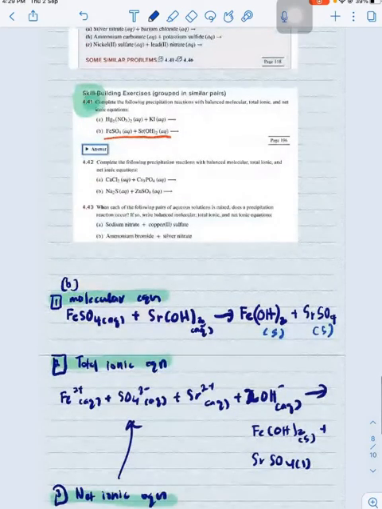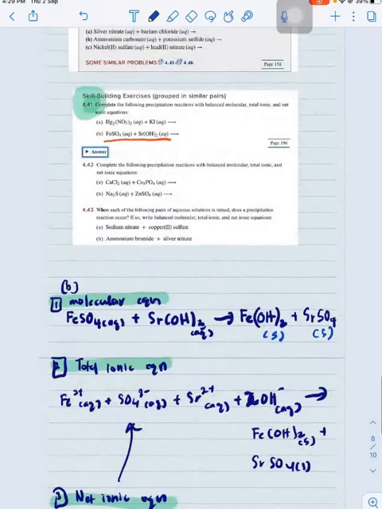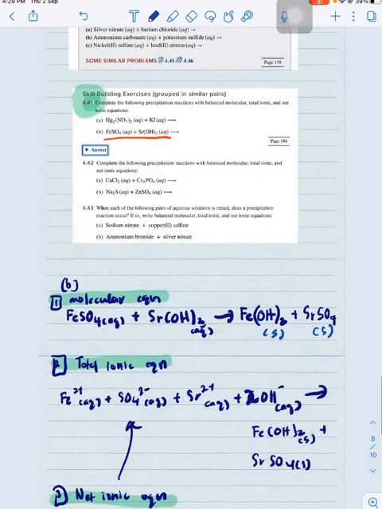Dua-dua insoluble. Menyebabkan bila kita tulis dia punya total ion equation, dia akan pecah on the reactant side, semua akan pecah into ion, Fe2+, SO42-, okay, Sr2+, dan juga 2 mole of OH-. Okay, pecah semua. Tetapi on the product side, both will remain as a compound, okay, as a molecule, kekal.